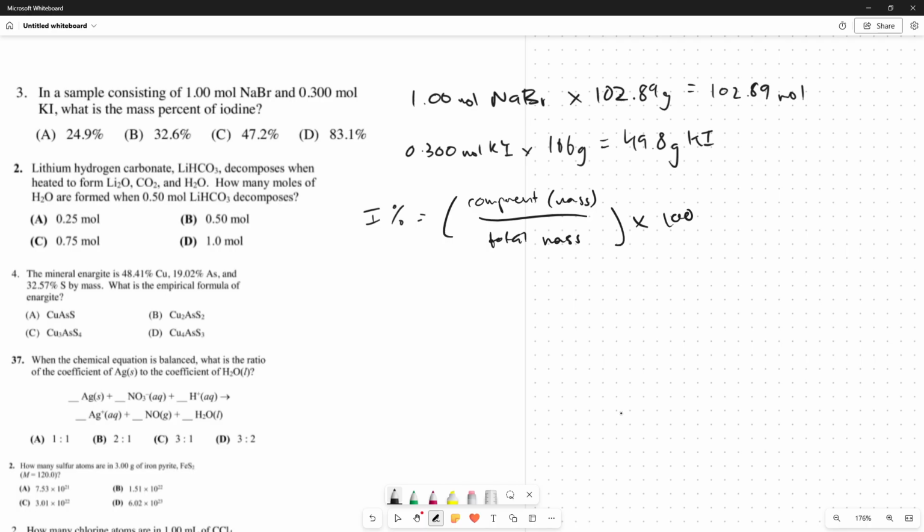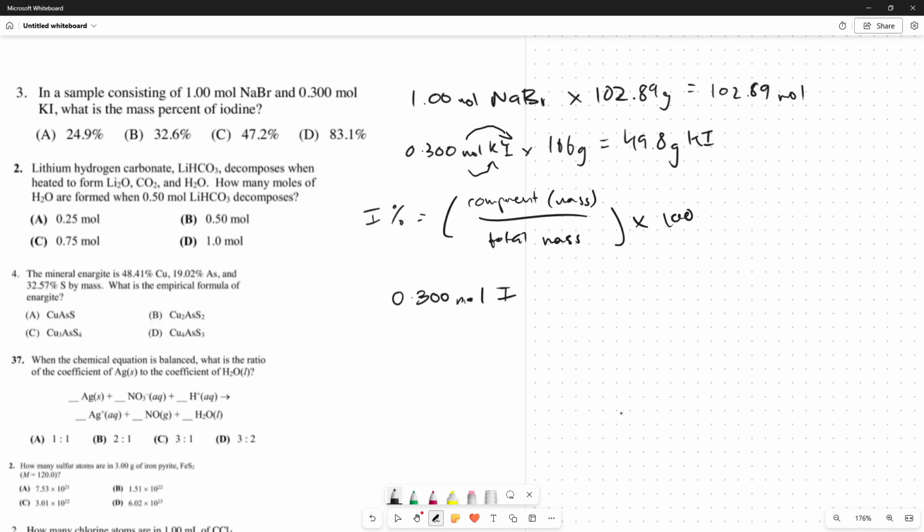So here, we need to find the mass of iodine inside of KI. Since there's 0.3 moles of KI in total, there will be 0.3 moles of K and also 0.3 moles of iodine.